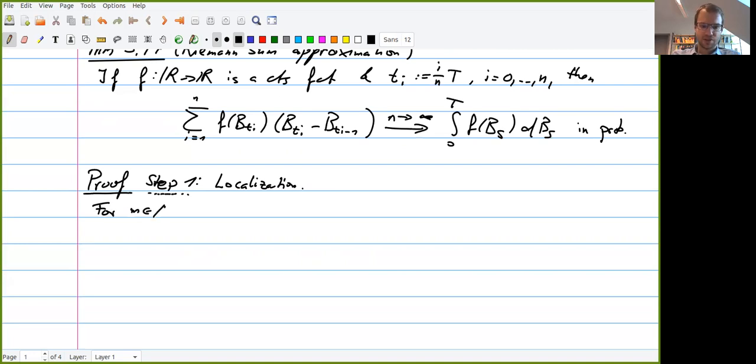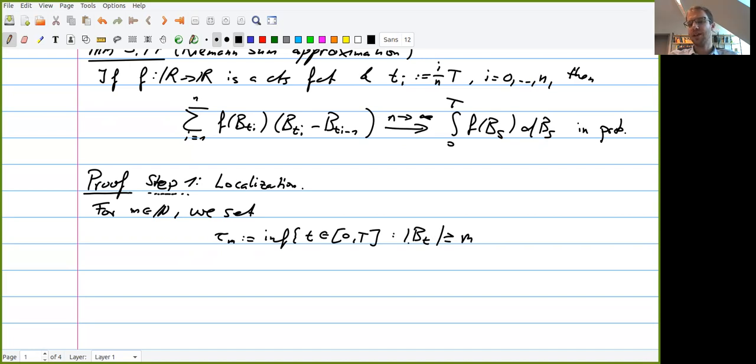So we take a natural number M and we set the stopping time τ_M to be the first time up to t such that the Brownian motion hits the barrier M. So we want to restrict the Brownian motion to the area minus M to M. And to make it a finite stopping time, let's restrict it to the minimum with t.